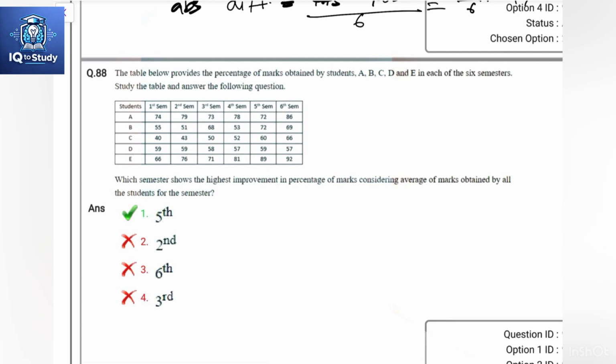Which semester shows the highest improvement in percentage of marks considering average of marks obtained by all the students for the semester?